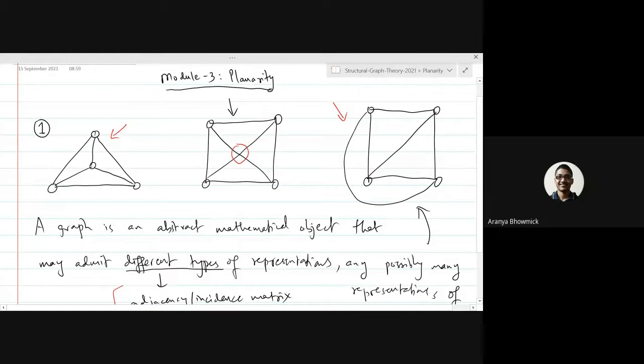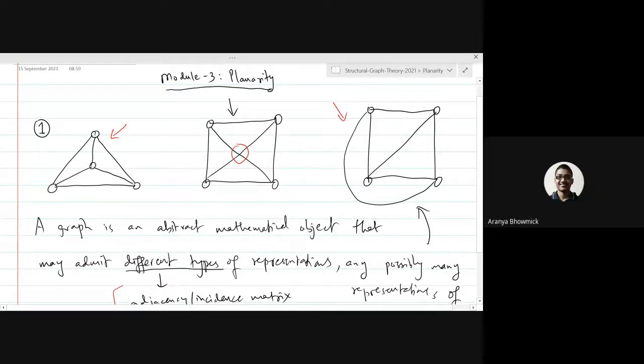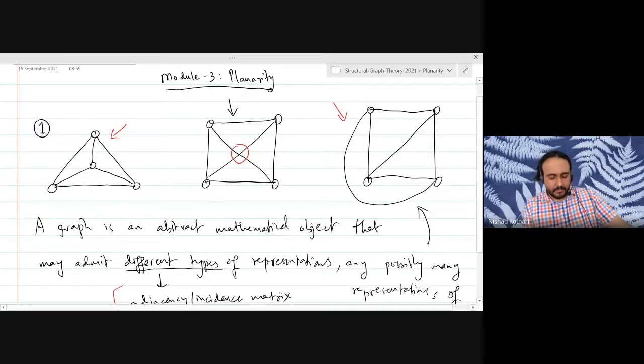So basically, drawing is a representation of a graph, drawing or embedding. Yes, it is a representation of a graph. And here there are three different drawings of K4. That's right. Okay. And in the second drawing, there is a point where 2 edges cross, but that is not an end of any of those edges. So that is a key point to note.